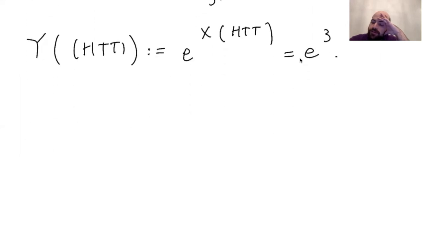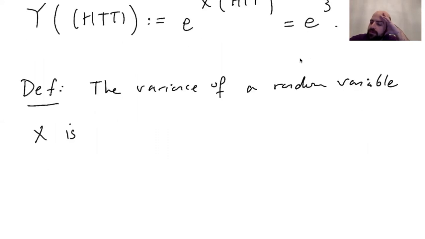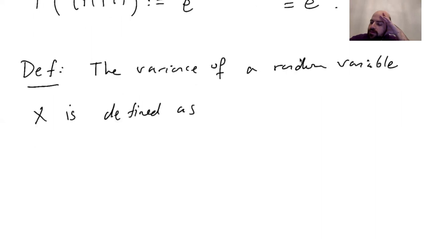Okay, so another definition is for variance. The variance of a random variable X is defined as the expected value of capital X minus mu, the whole squared.